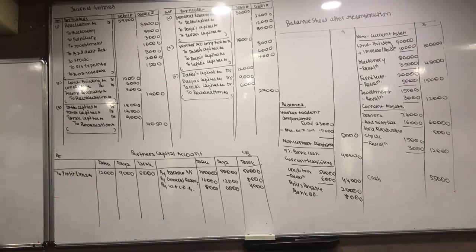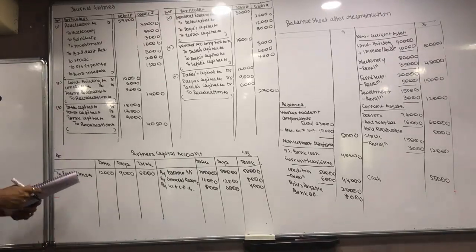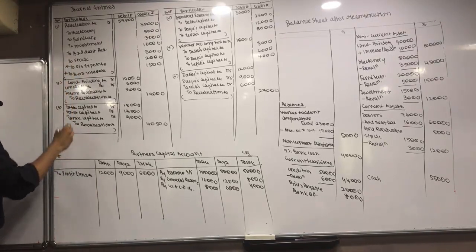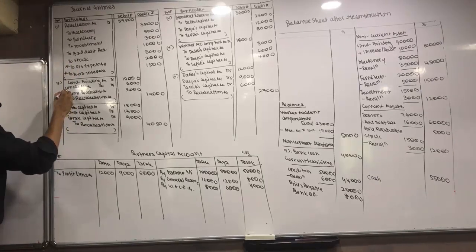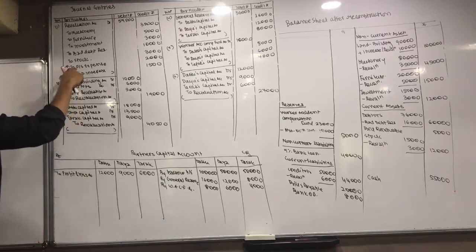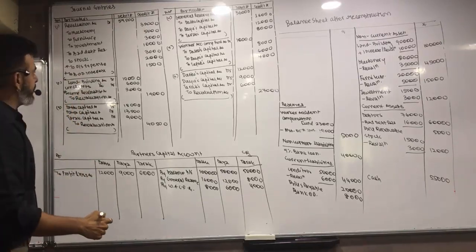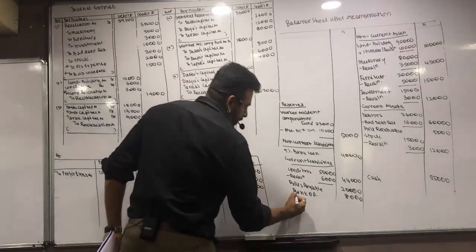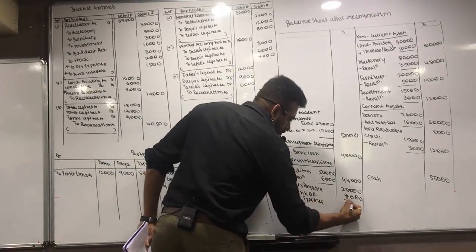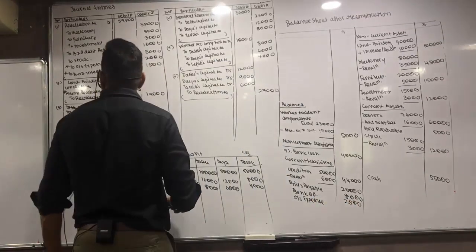Now, is it all done from revaluation account? What we have not done so far is this and this, and income receivable also we have not written. 3,000, have we written? No. So let's do this. Liability side, second effect, outstanding expense 2,000, otherwise your balance sheet will not tally.